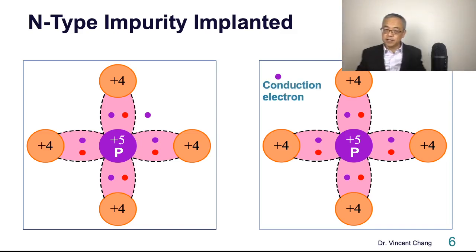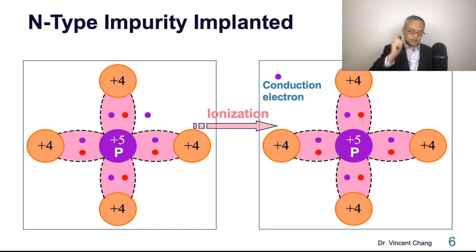When this happens, we say ionization. This is the process of ionization, and it automatically happens around room temperature.